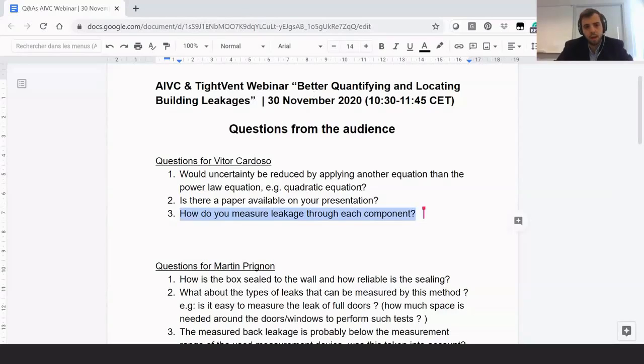I would like to add something, if I have time, to the first question on the quadratic equation. The effective leakage area supposes that the discharge coefficient is equal to 1, so that all the flow has the same type of flow.